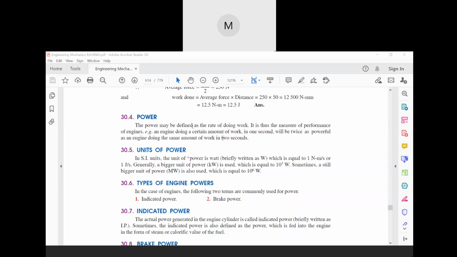So what is power actually? Power is defined as the rate of doing work. That means it is the measurement of performance of engines.